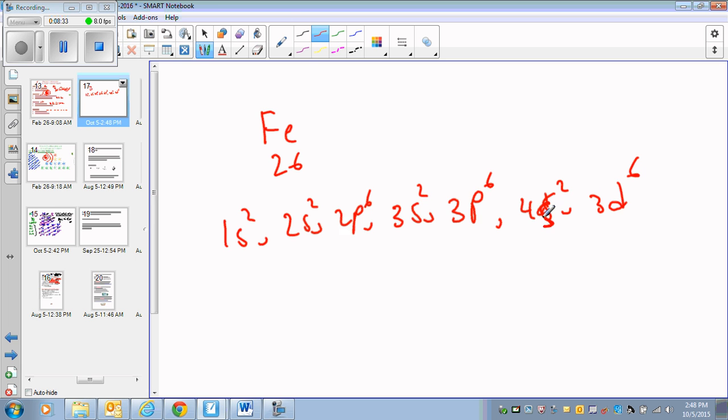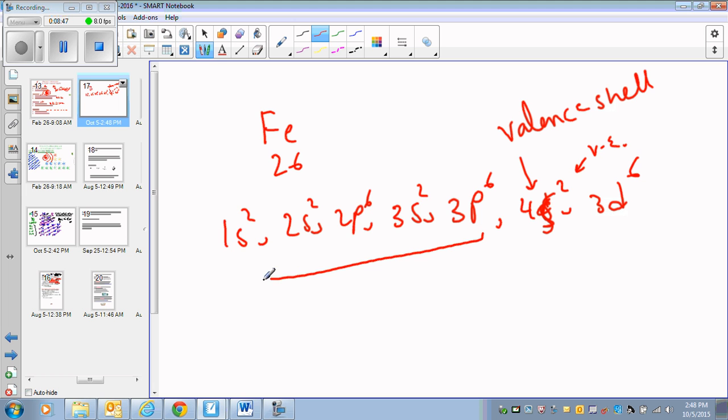That makes it 26 electrons. So this one is the fourth energy level. Which one is the valence shell? And how many valence electrons? 2 valence electrons. So how many electrons inside? You have 18 right here and 18 plus 6.